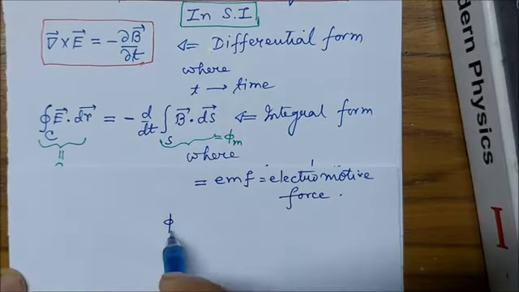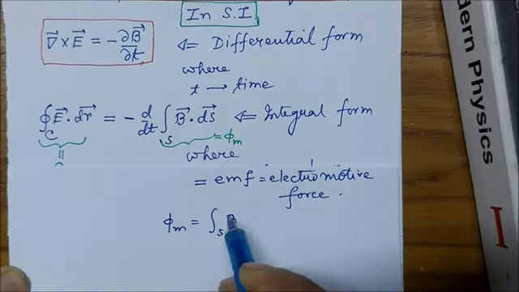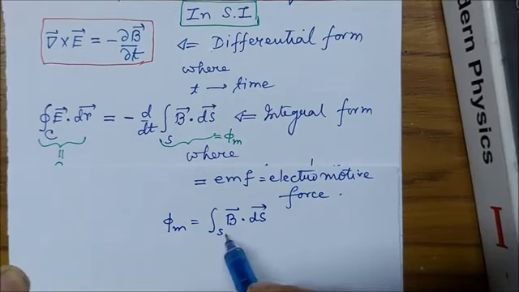So this is the flux of B over the open surface S.